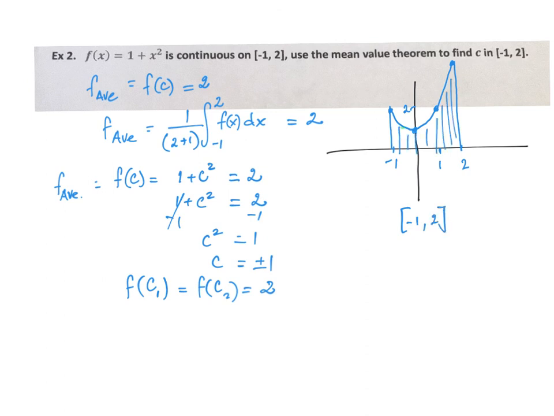We see the average value of the function is at f of -1, which is 2, and f of 1 is also 2. So this is the f average, or the average height, which is 2. Now, what does that look like when we draw the average of the function? The average of the function gives us the average height, which is at -1 and 1.